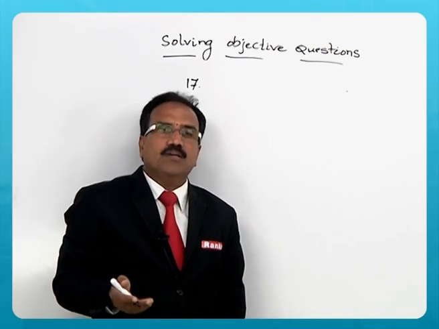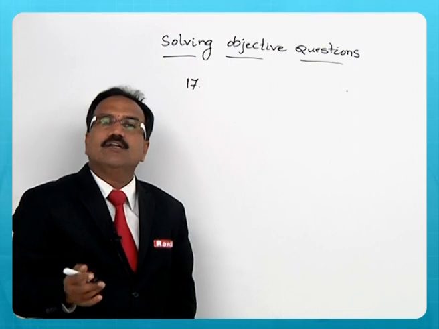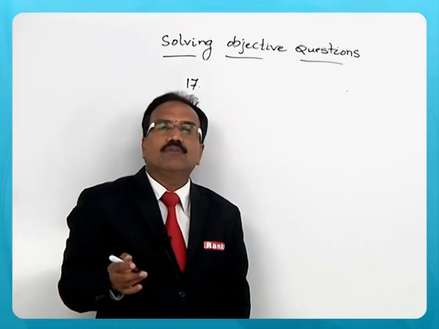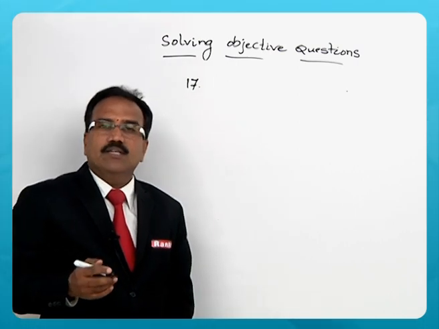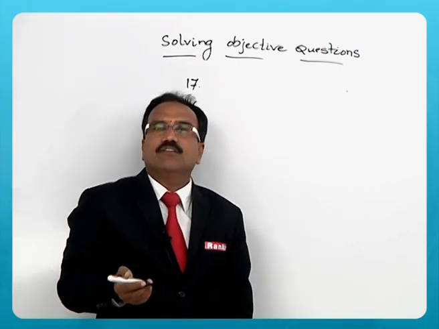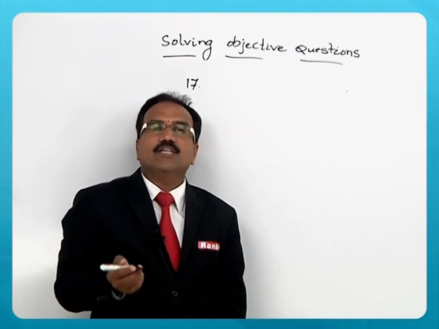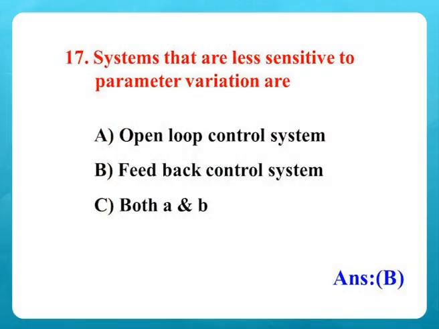So external parameters like temperature, humidity, etc. cannot influence the output of the plant. Because of the feedback, systems are less sensitive, meaning more robust to the parameter variations. No parameter can influence the closed loop control system. So option B is the right answer for this question.